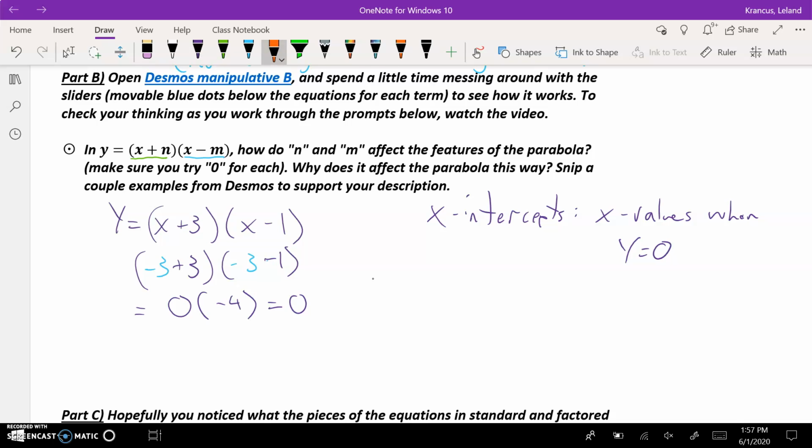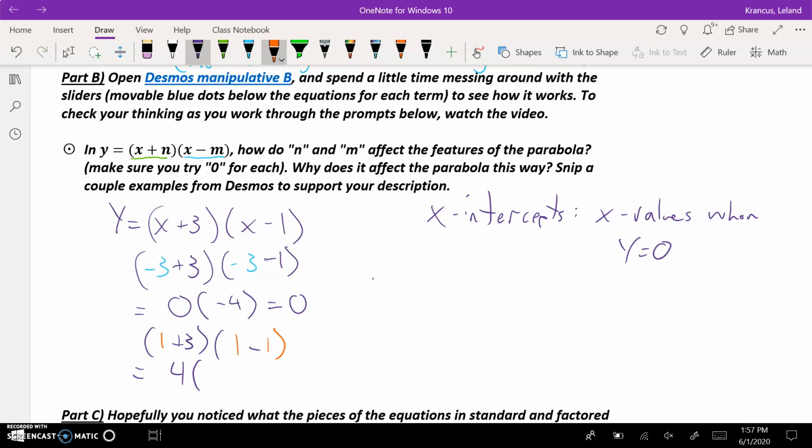On the flip side, I could also take this and turn x into 1. Oops, that x was supposed to be 1.